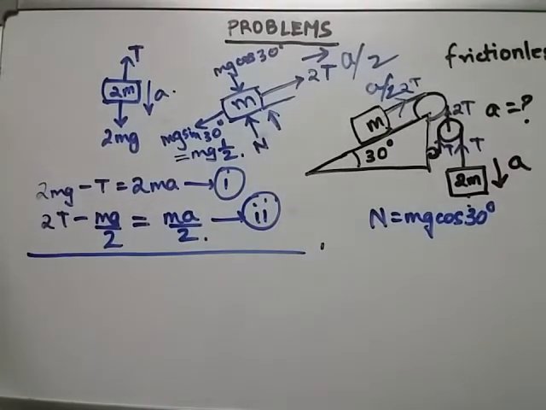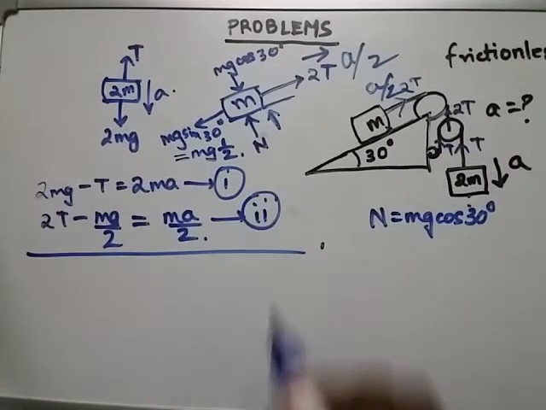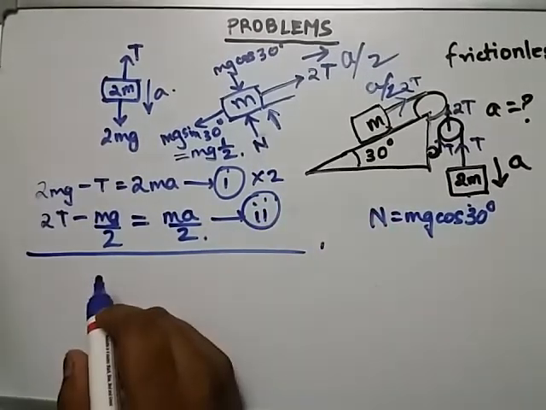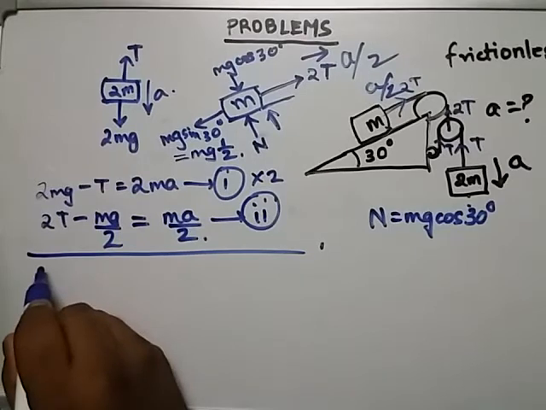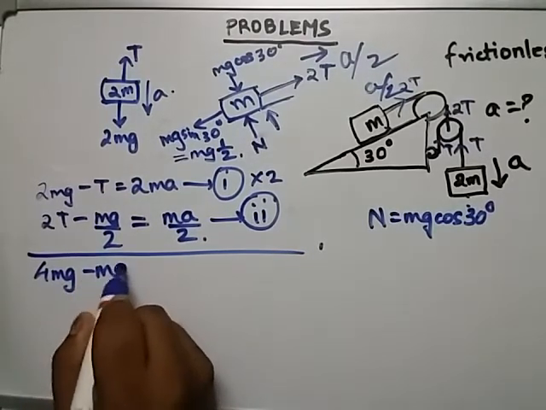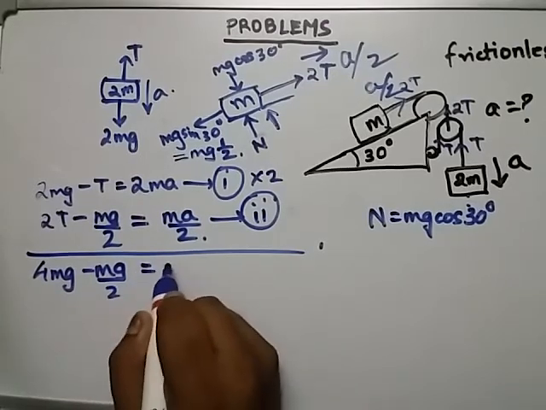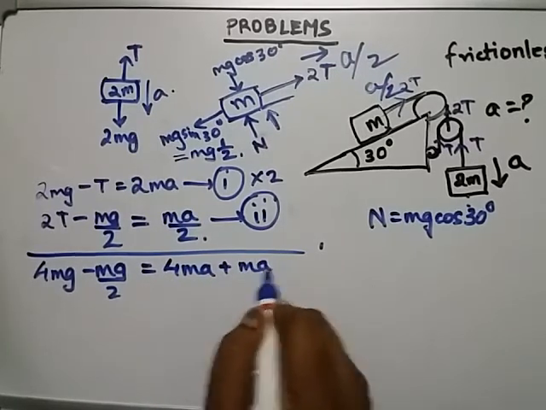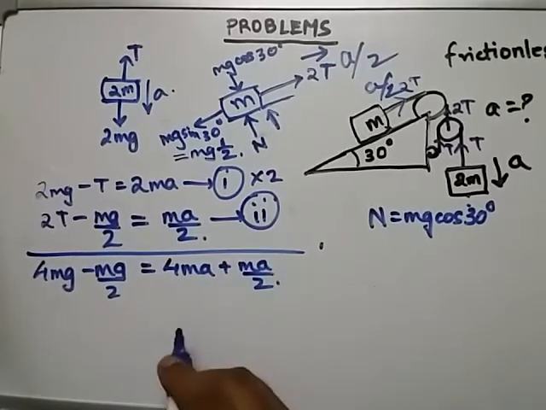Fine. Now we multiply equation number 1 by 2 in order to cancel T. So we get 4mg minus mg by 2 equals 4ma plus ma by 2. Fine.